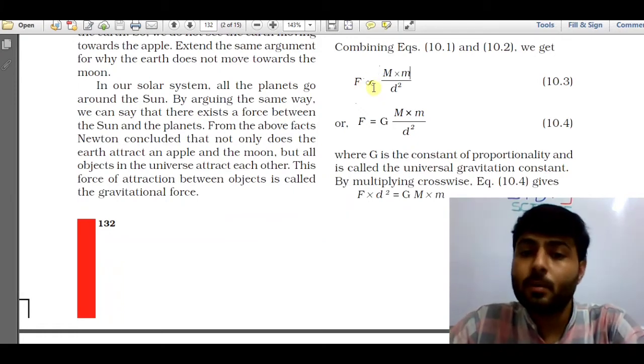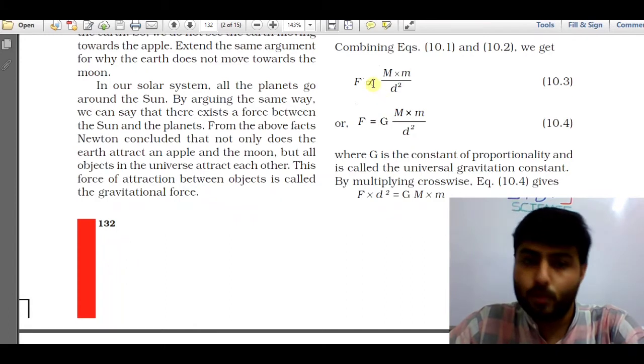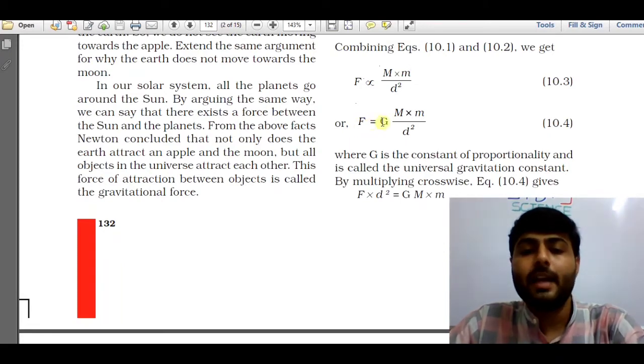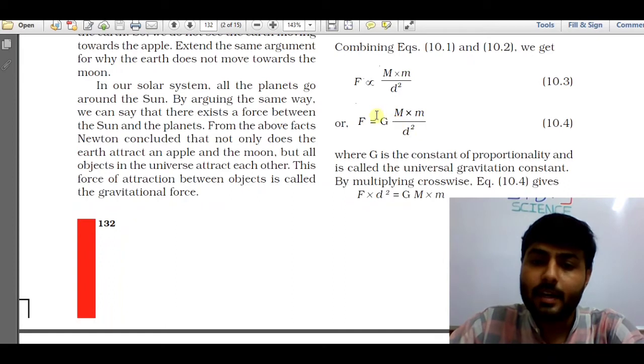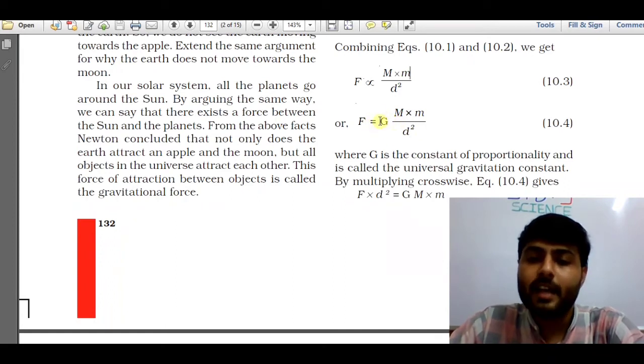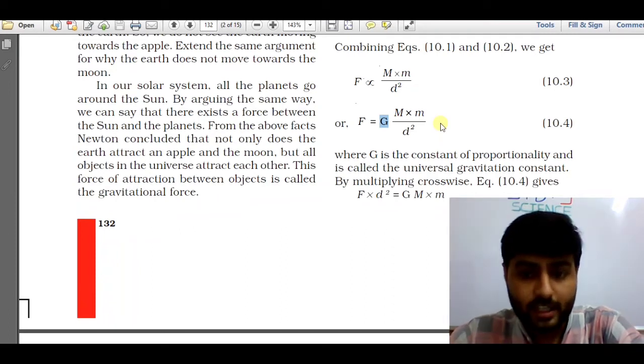If we want to remove this proportionality sign, we have to insert a proportionality constant here. So we remove the proportionality sign, and we have F is equal to M into m divided by d square, multiplied by G. Here this G is the proportionality constant.